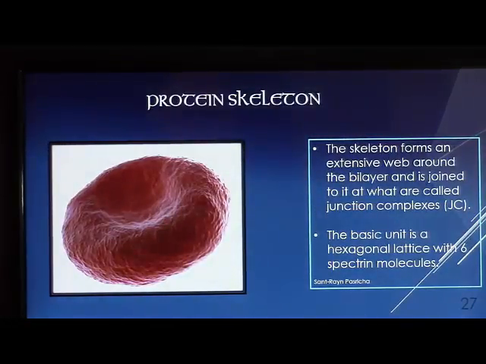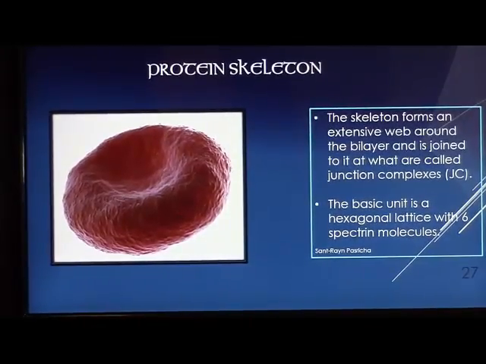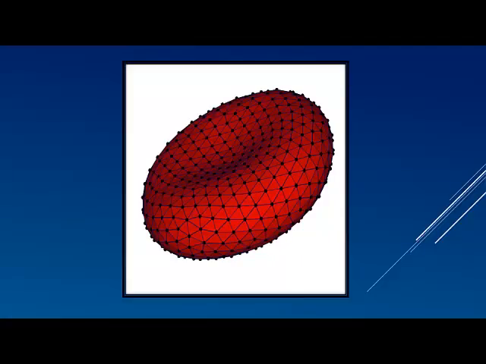Additionally, the cell has a protein skeleton that forms an extensive web around the bilayers and is joined to it at what are called junction complexes. The basic unit is a hexagonal lattice with 6 spectrin molecules. So the skeleton looks a little bit like this.